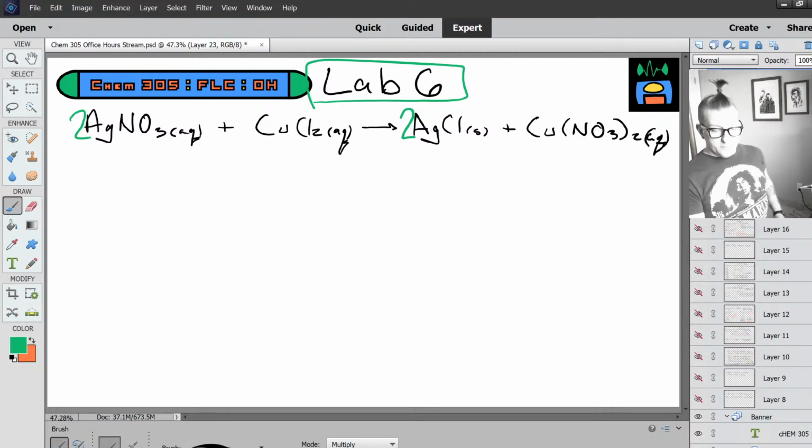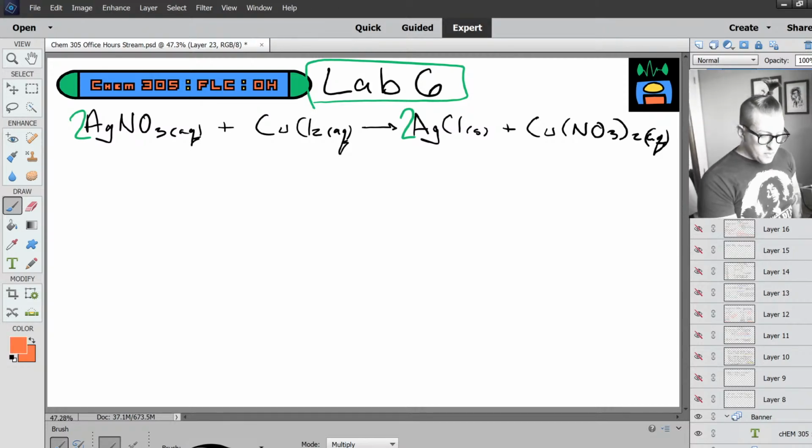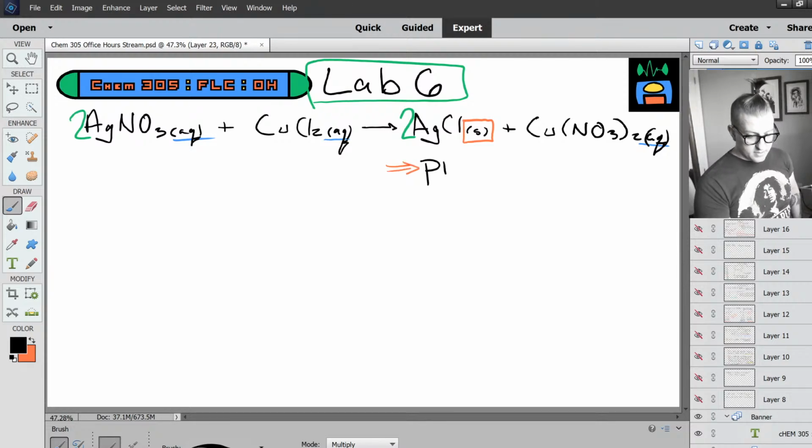Now you'll notice that we're dealing with mostly aqueous compounds, but we do form one solid. This is the precipitate, which is often abbreviated as PPT.